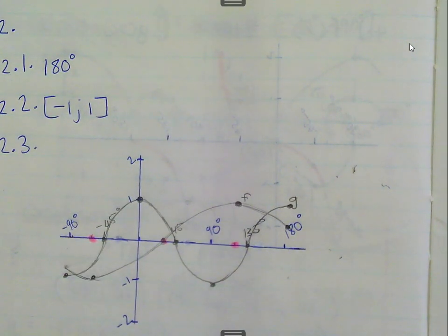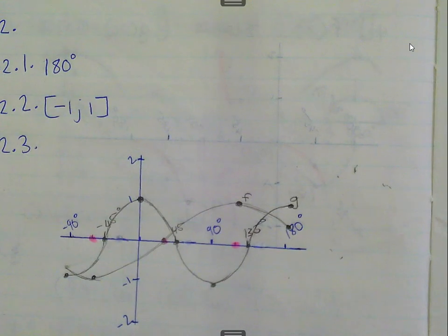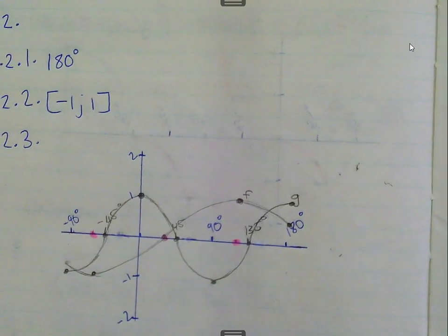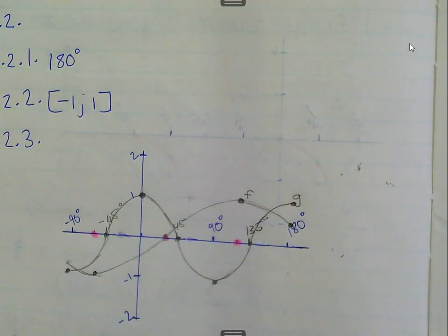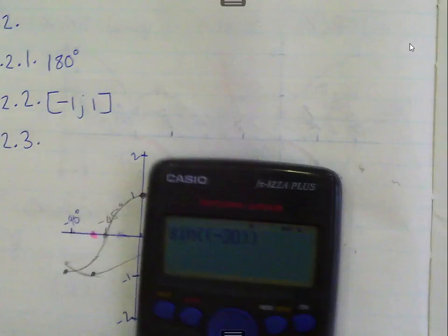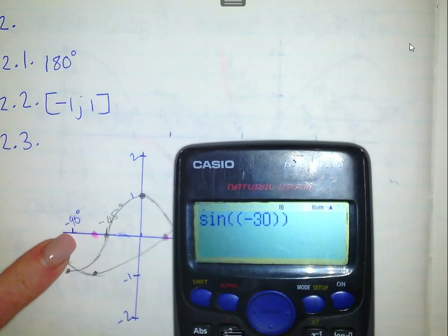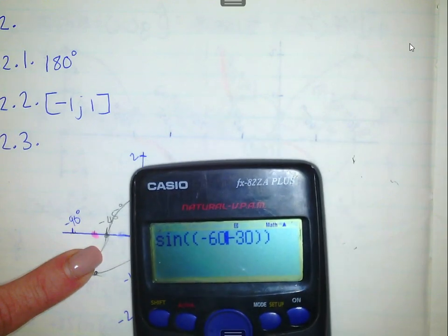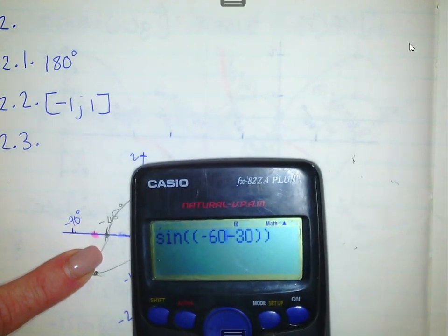Remember that way we've done it. Okay? So I'm not going to choose negative 90. 30 degrees to the right is going to be negative 60. But you type in the equation as it is given there.